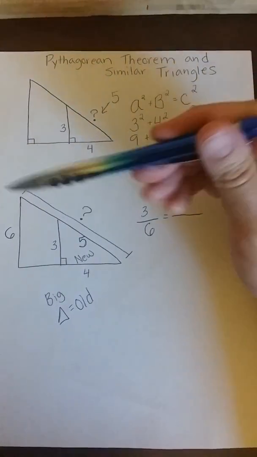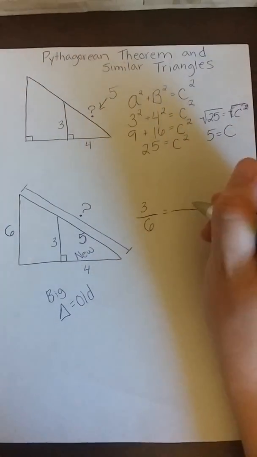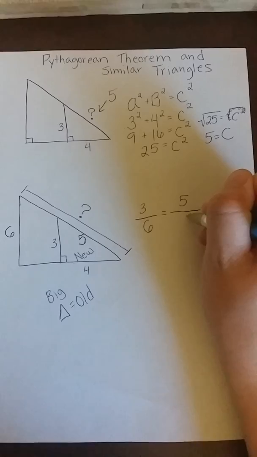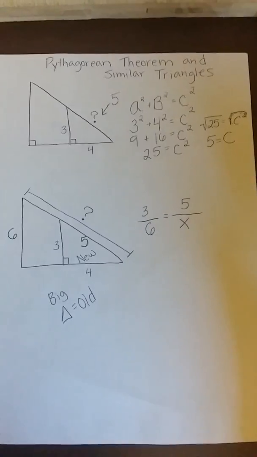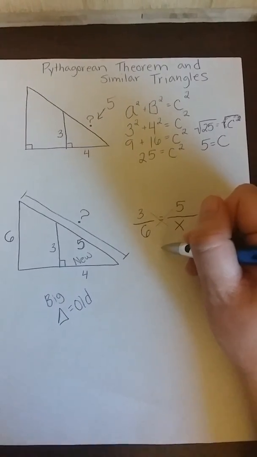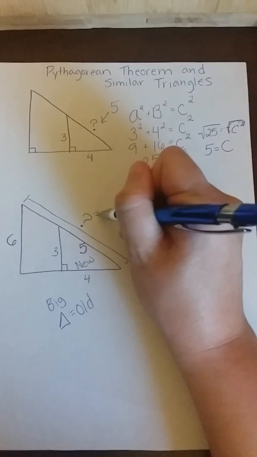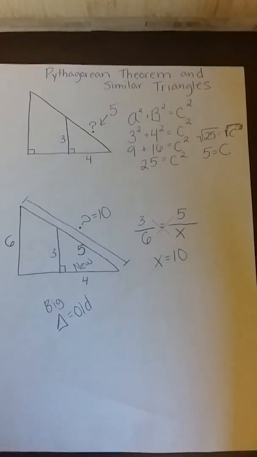Since I'm looking for this side, the hypotenuse, I'm going to use the hypotenuse of the little triangle. So I'm going to do 5 over x, making x the question mark. Then I'm going to cross multiply, and I should get that x equals 10. So that means the hypotenuse of this bigger triangle is 10.